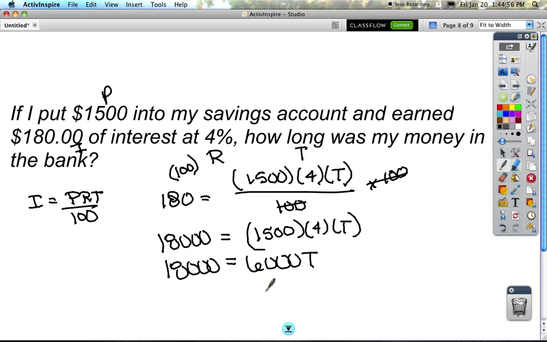And how would I solve for the T? Divide by 6,000. And tell me what my T is. 3. 3 what? Years. Remember, my time was always in years.